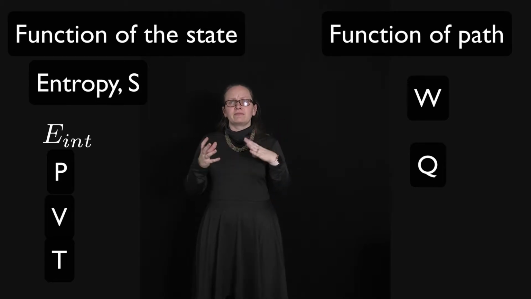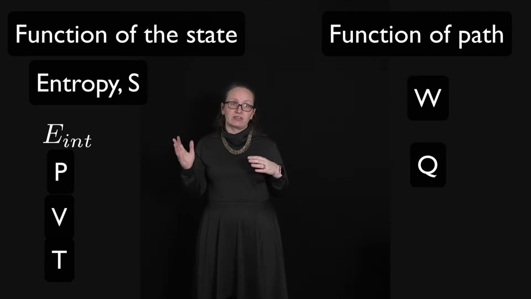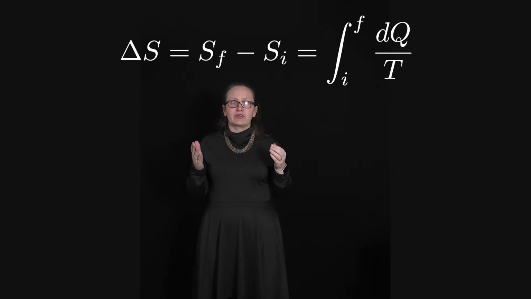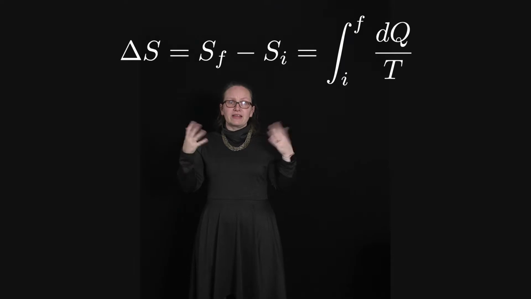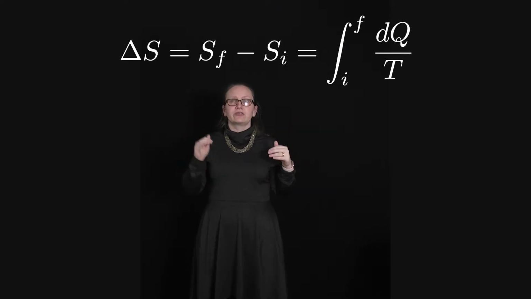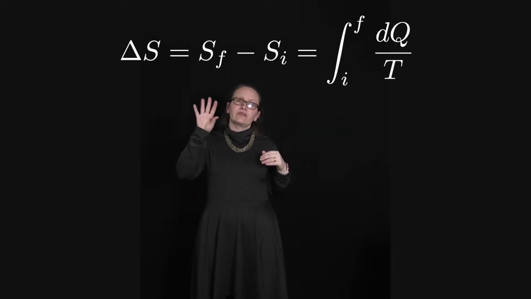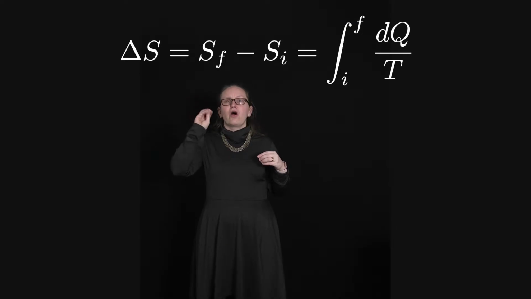So if we want to calculate the change in entropy to get from some initial state to some final state, then the change in entropy is given by the final entropy minus the initial entropy, and by definition this is equal to the integral from the initial state to the final state of dQ on T.